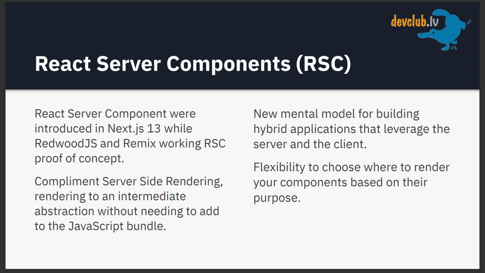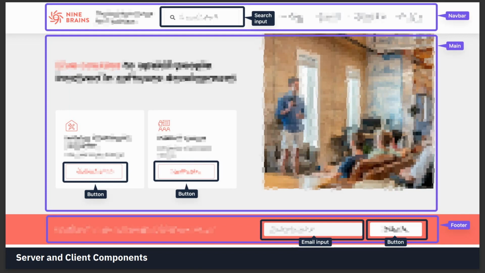Let's take a look at the example from 9brains. That's the landing page. They have a couple of things. For example, we can see the navigation bar, main, and footer. Effectively, these can be server components because they can be loaded on a server. But then we have the search input button and email input button.